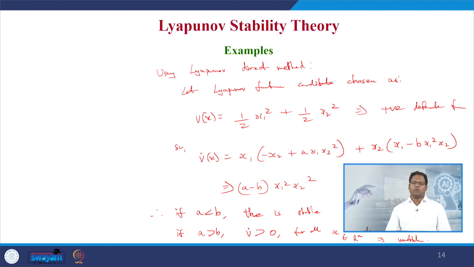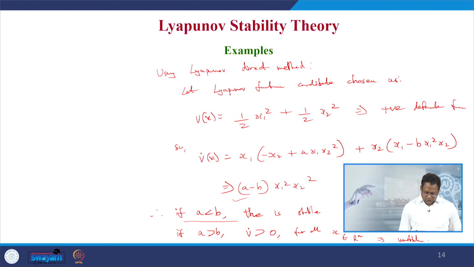We can also comment on the asymptotic stability of the system with this condition a less than b, because we can say that v dot is zero only when x1 equal to 0 and x2 equal to 0 in this case. So, that leads to the equilibrium point being stable. So, we may say that for case 1 it can also be asymptotically stable.